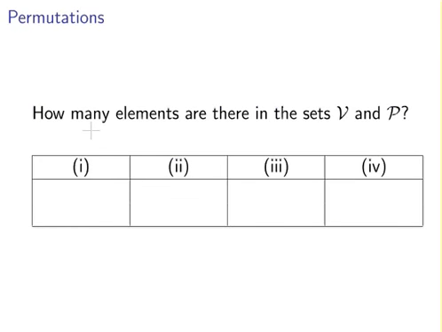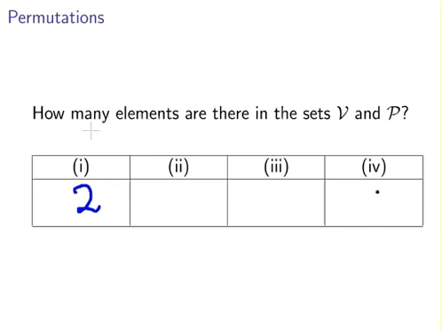One more. How many elements are there in both sets V and P? Well, we're going to use the two previous examples to help us. It must be palindromic, so we have 2 options for the first selection.